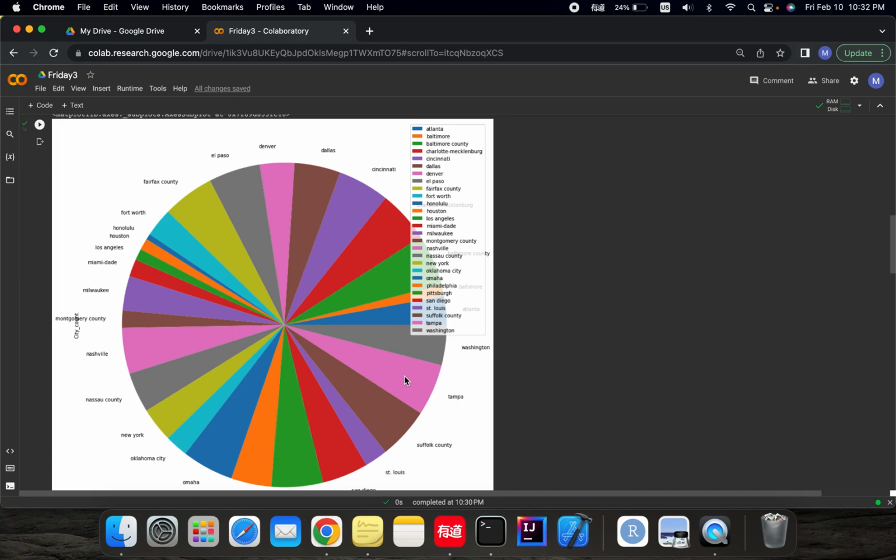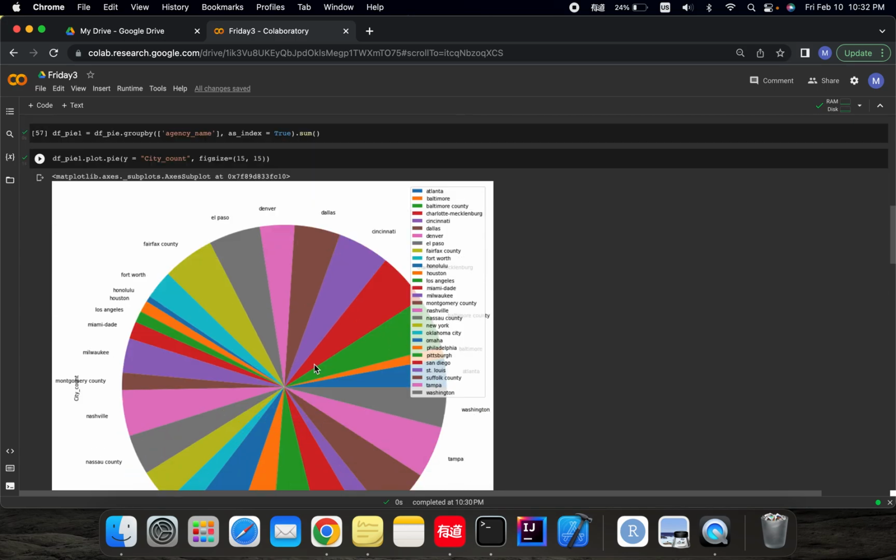So let's say compared to Milwaukee, Miami is definitely less. It appears less than Milwaukee, which could mean that Milwaukee has more crime generally, I'm assuming.